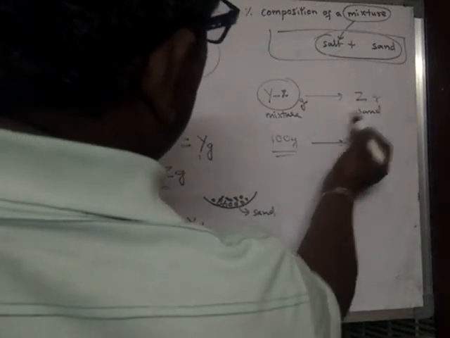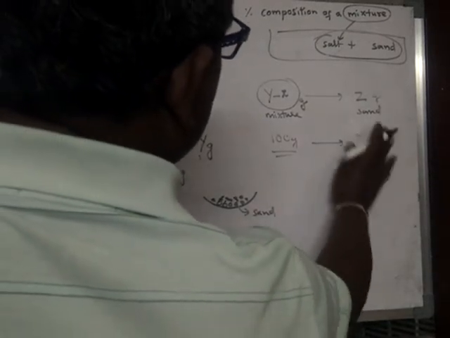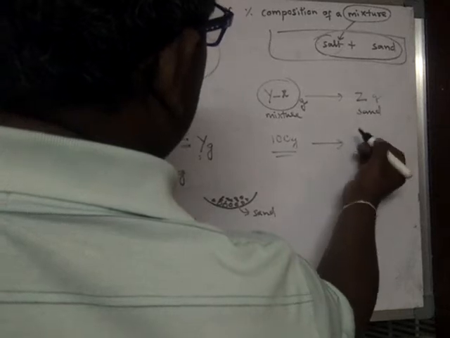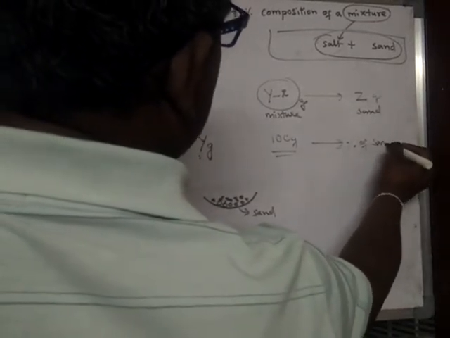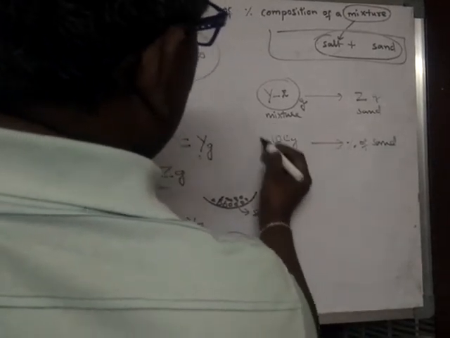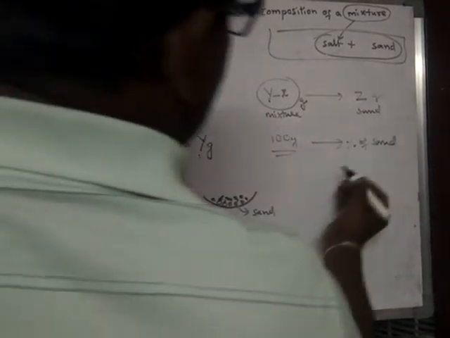Upon cross multiplying, let us assume this is the percentage of sand. Percentage of sand means per 100, how many grams of sand?